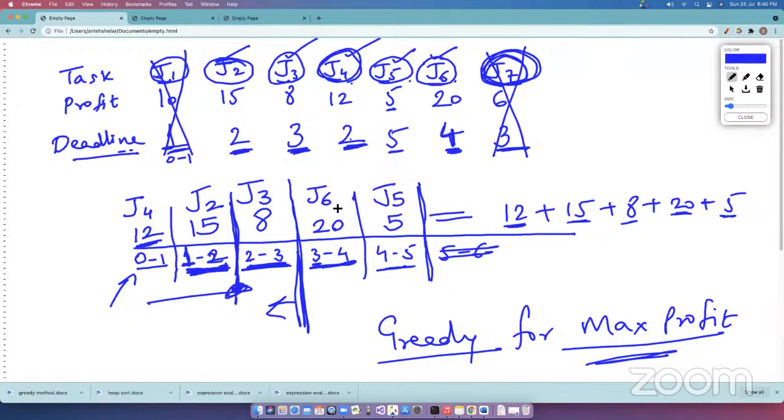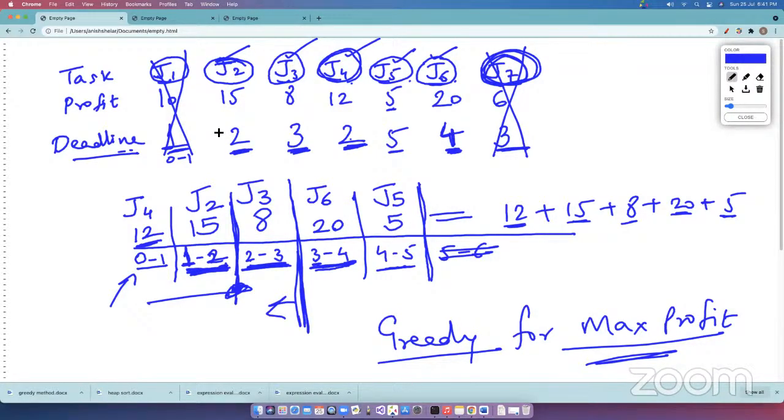So you immediately put that J6 in 3 to 4 because it can wait till clock 4. And in the meantime, as I explained, searching for next jobs will tell you when a job cannot be done. So you sacrifice it. Whatever jobs you get, you add the profits, that will be the answer.